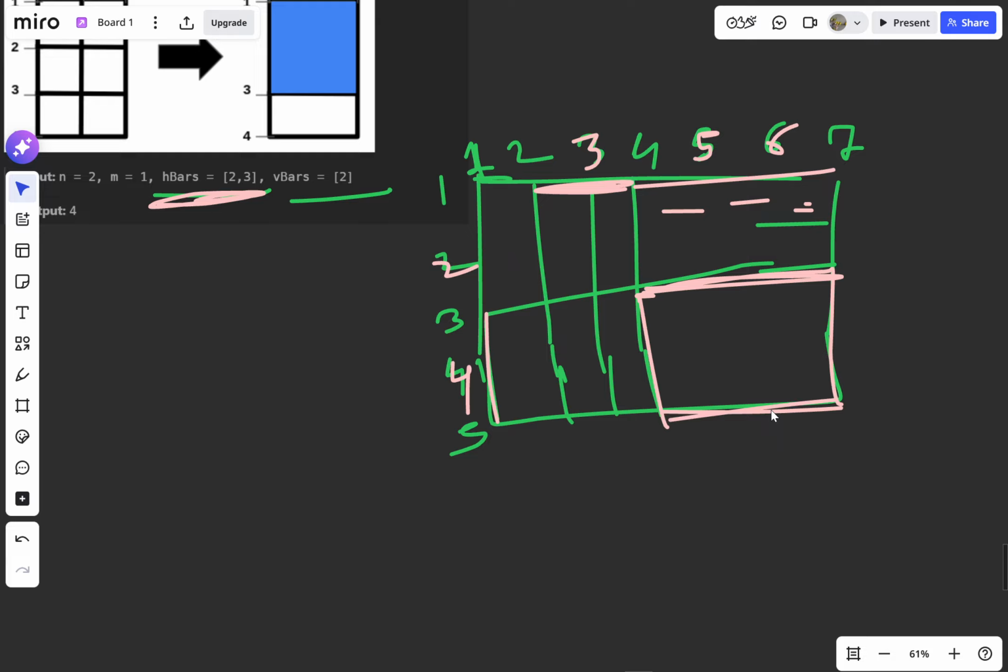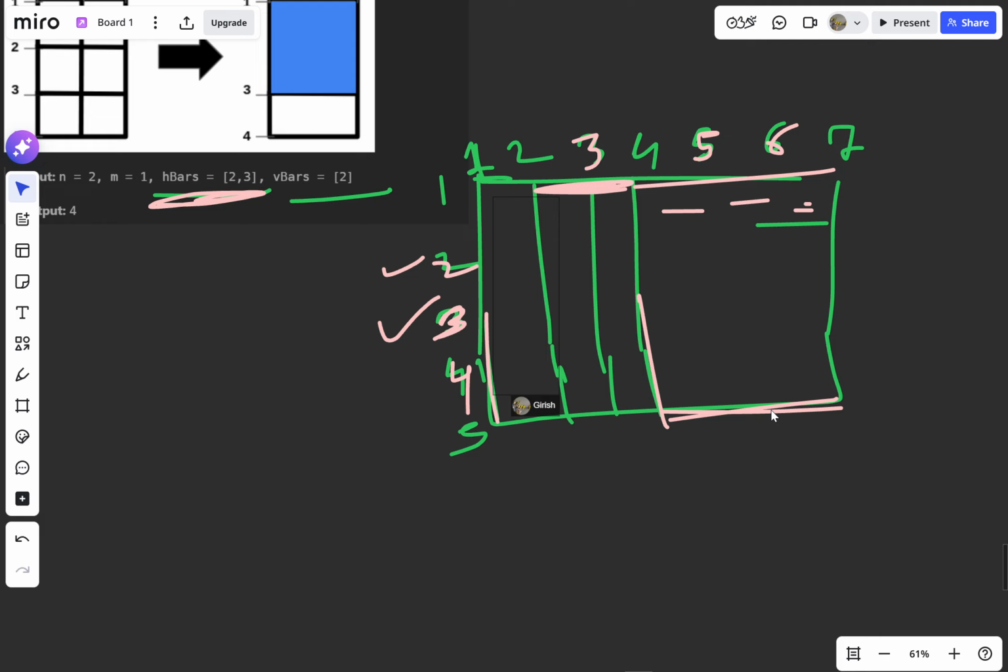So we have to figure out how many are continuous when we are removing this. After removing this, just in case if we remove 3 also, we get to know that the whole of this is considered as the length of the rectangle.